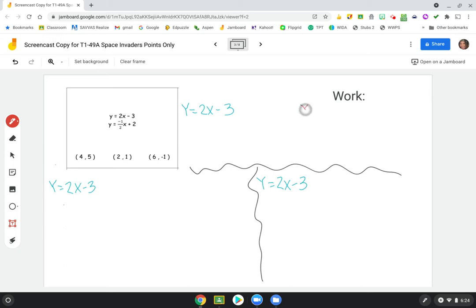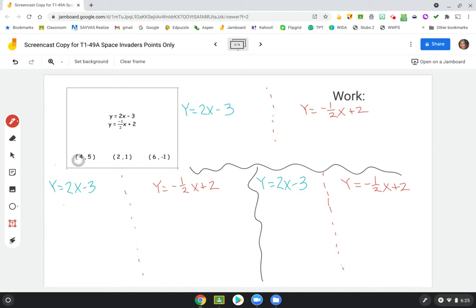I did each equation in a different color to help make them stand out, and let's put a little dashed line in between the workspace.